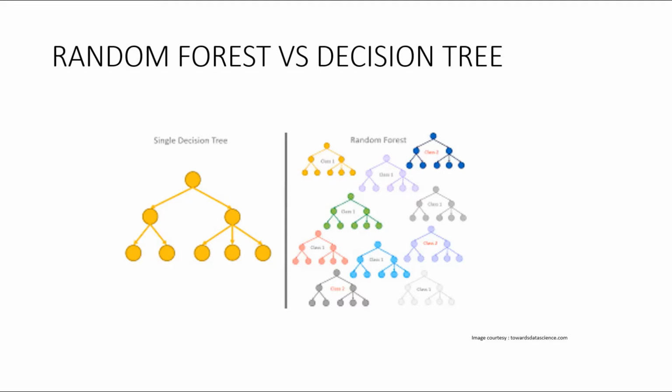Deep decision trees may suffer from overfitting, but random forest prevents overfitting by creating trees on random subsets. Decision trees are computationally faster. Random forest is difficult to interpret, while a decision tree is easily interpretable and can be converted to rules.